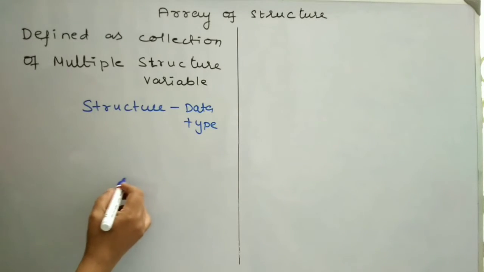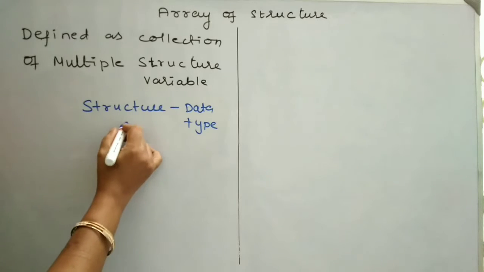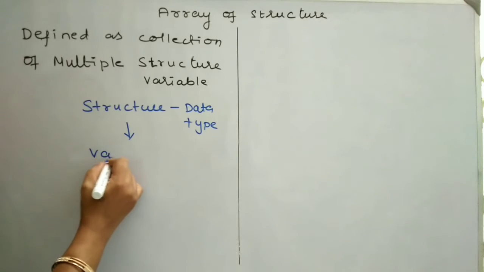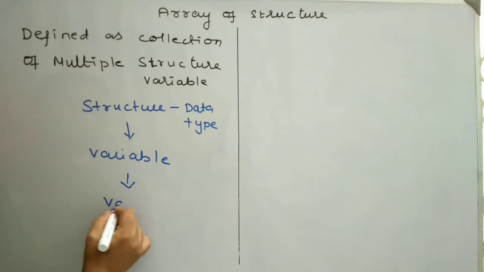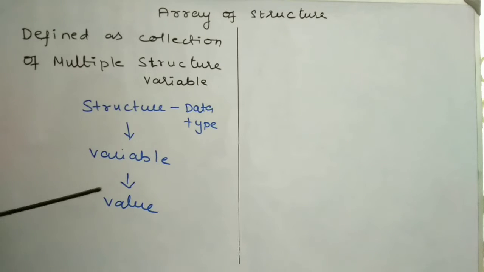If I want to add a value, I may declare a variable of this structure and then the value is getting added. Each time I want to add a value, a variable of the structure is declared and the value is added. Instead of declaring a structure variable every time I want to add a value, I may have an array of structures, which is nothing but a collection of multiple structure variables.